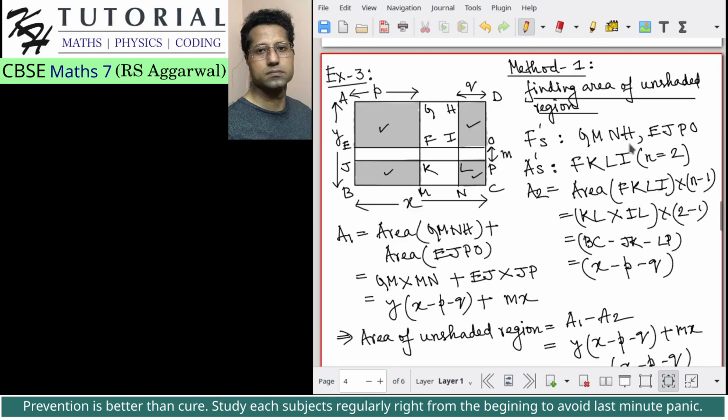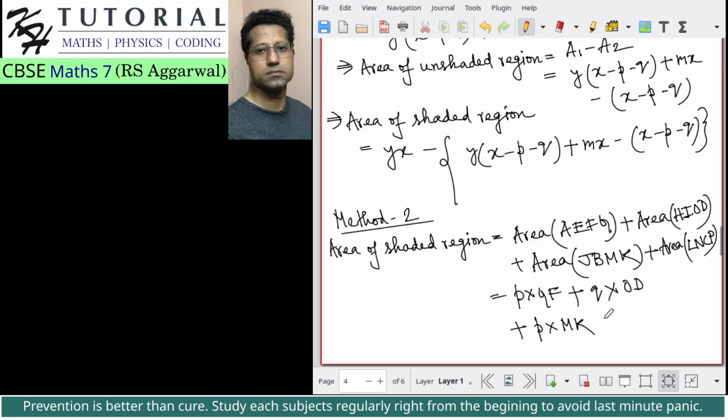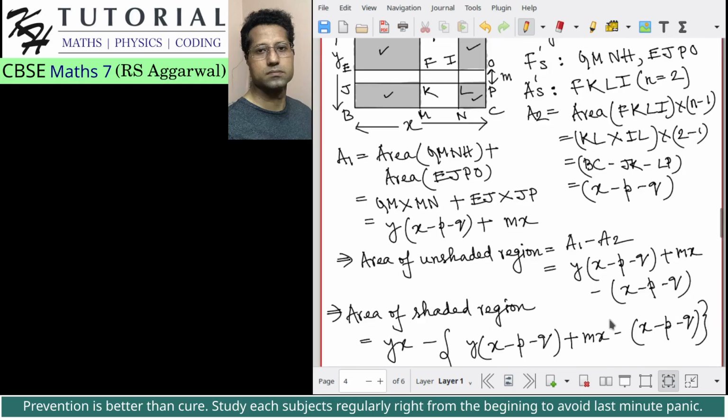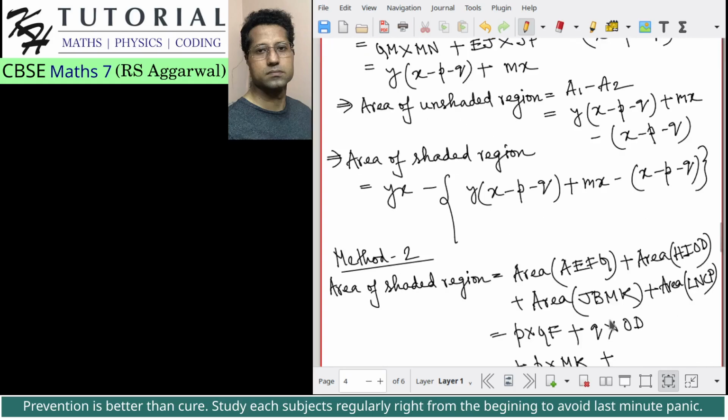Finally, what is the area of rectangle LNCP? NC is Q, and I don't know PC or LN. So let's say it is Q into PC.